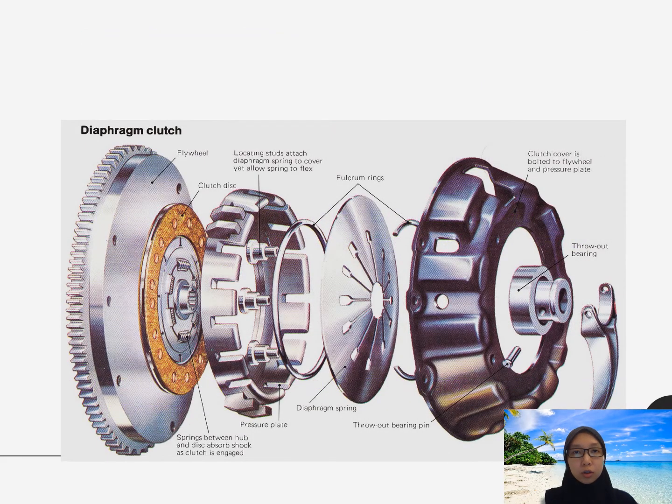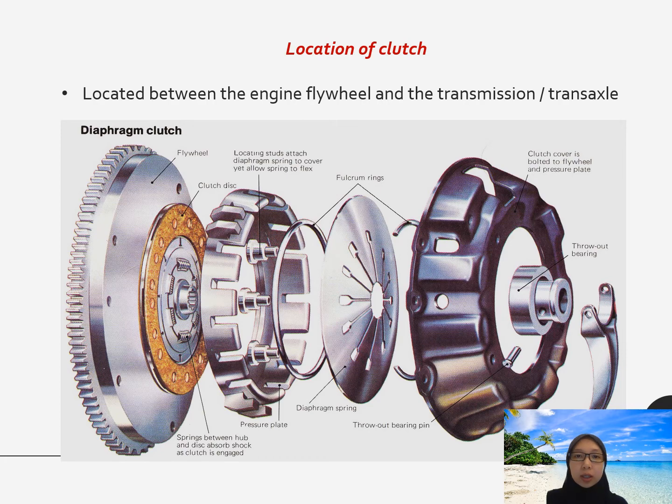Where is the location of the clutch? It's in between the engine flywheel and the transmission. You have this engine flywheel, which is the mechanical device that stores the rotational energy from the engine.